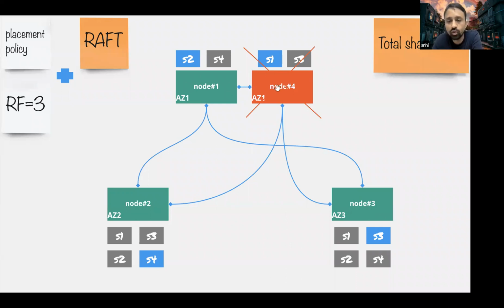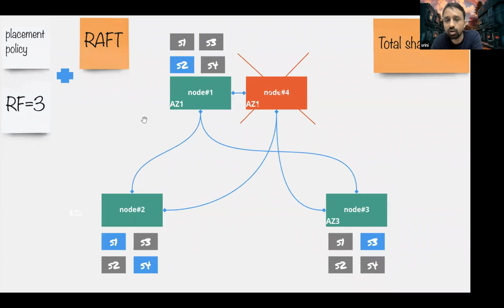And node 4 is hosting the shard leader of S1, and is responsible for serving all the read and write traffic that goes to shard 1, right? So that means that one of the followers would need to take the role of the leader immediately, right? So it gets detected automatically, and then S1 would move to one of the surviving nodes, right?